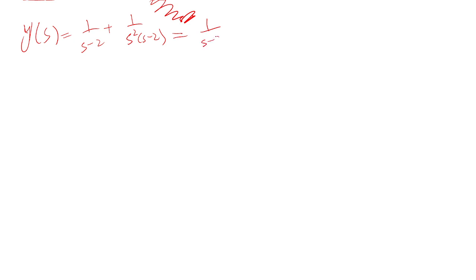The first part is as it is, and this term is equal to a is 1 by 2s, and then here b is, I think, minus 1 by 2, so minus 1 by 2 s square, and c is 1 by 4, 1 over s minus 2.